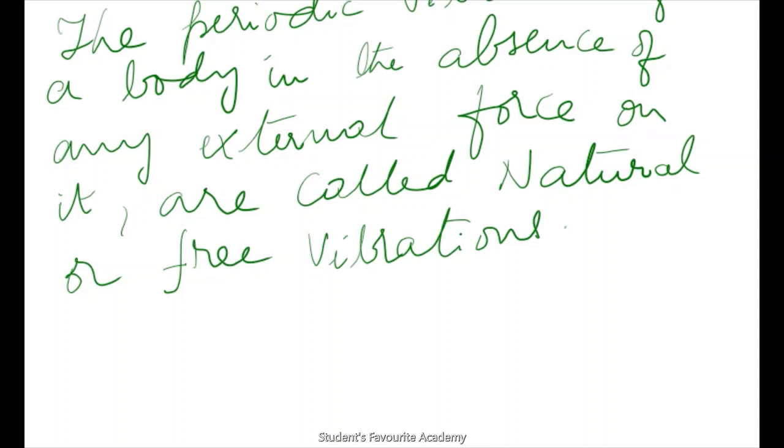So basically natural vibrations are those vibrations of a body happening in the absence of any external force on it. Now, examples of natural or free vibrations: if the bob of a simple pendulum is displaced slightly from its mean position or rest position, it starts vibrating. Suppose this is the rest position O. Now, if you displace it a bit, suppose you pull it up to here, and leave it, it will start vibrating.